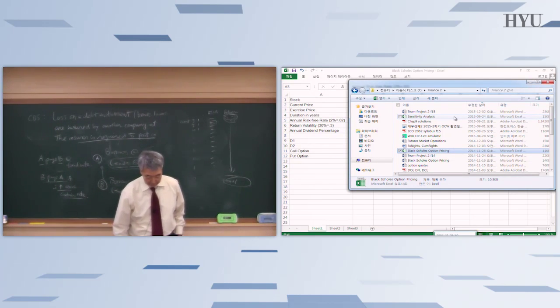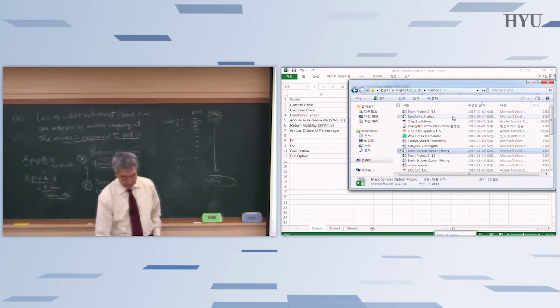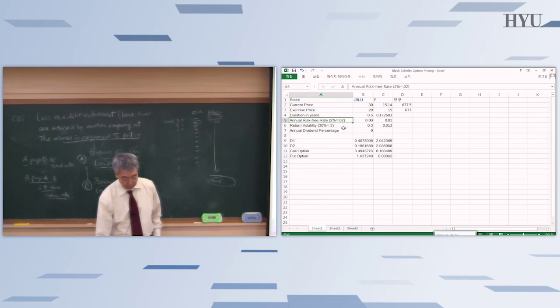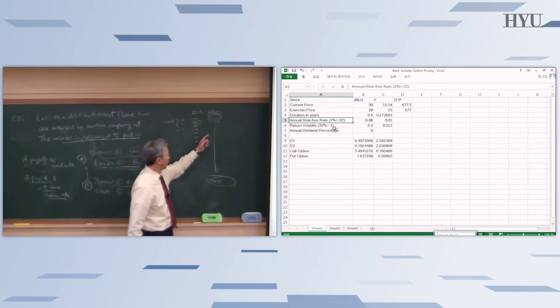So try it. And sometimes you have problems with these units. If it's a percentage, you have to convert it into a fraction, like 0.3. So when you calculate the returns, you better have it as a fraction instead of a percentage.